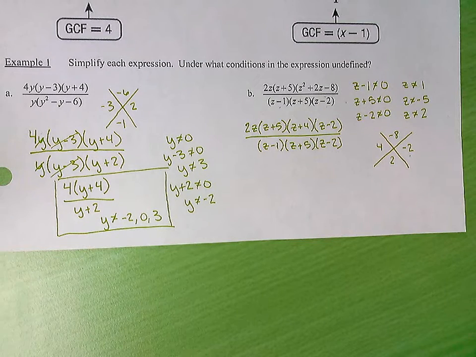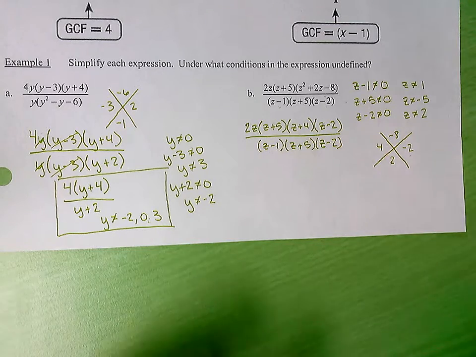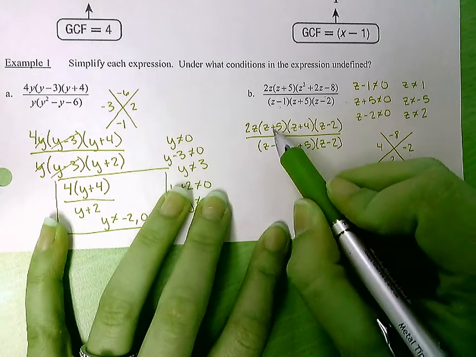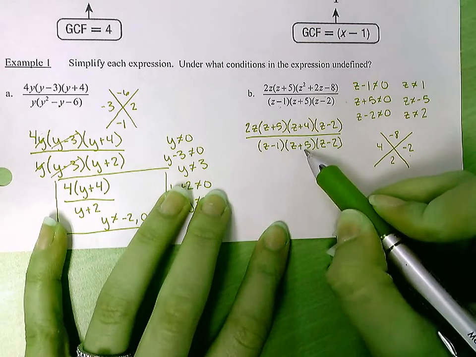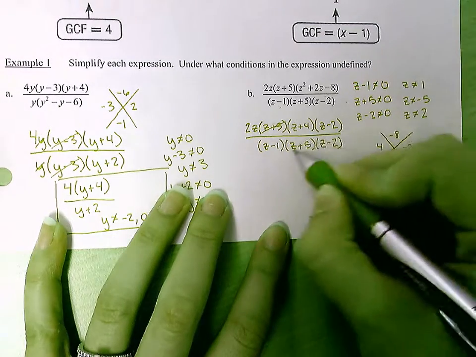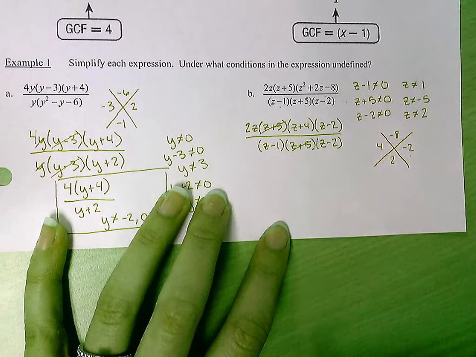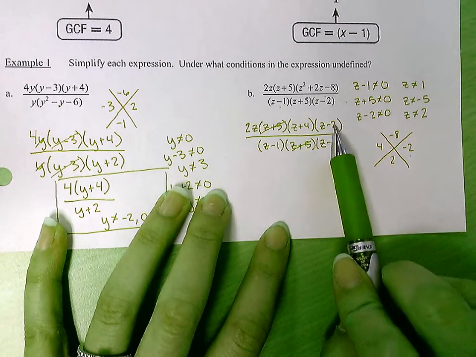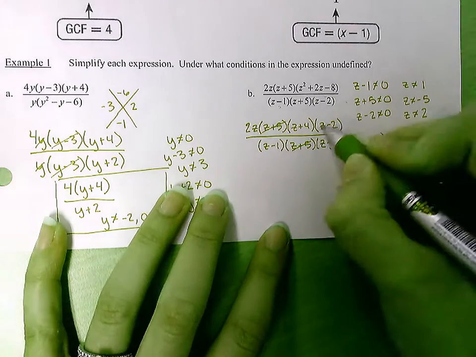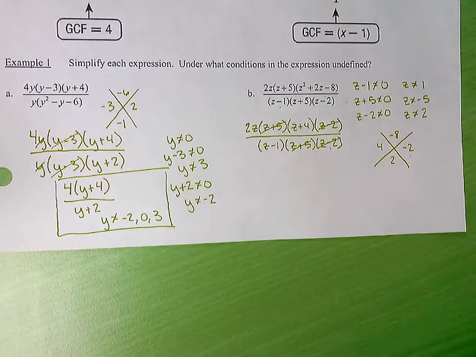Okay, so from this point, I can now cancel out like terms. Okay, I have a z plus 5 and a z plus 5. Those two will cancel out. I also have a z minus 2 and a z minus 2. So those cancel. I can't cancel out anything else.